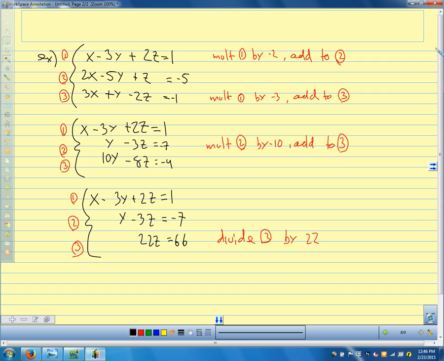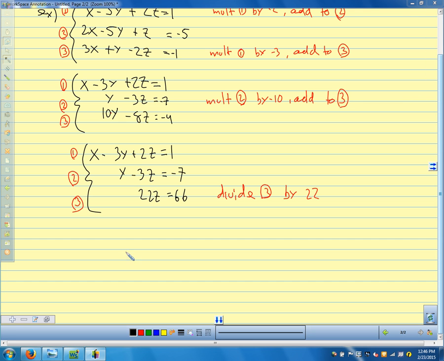So in row echelon form, that system of equations would be x minus 3y plus 2z equals 1, y minus 3z equals negative 7, and z equals 3. There's my row echelon form.